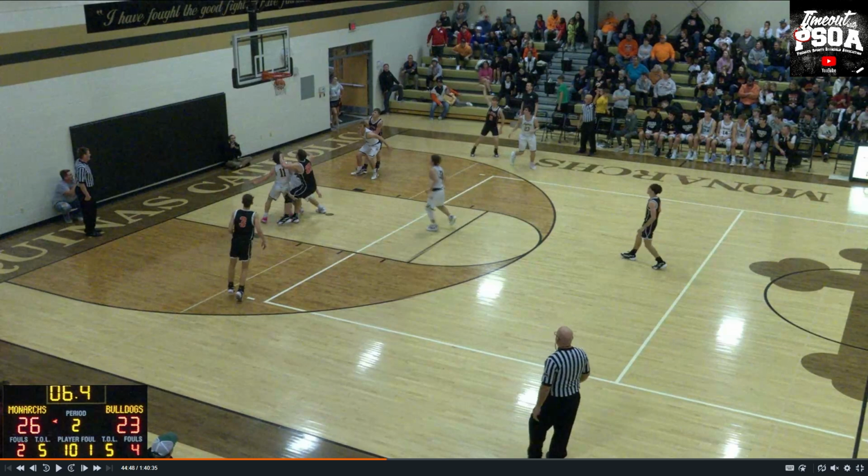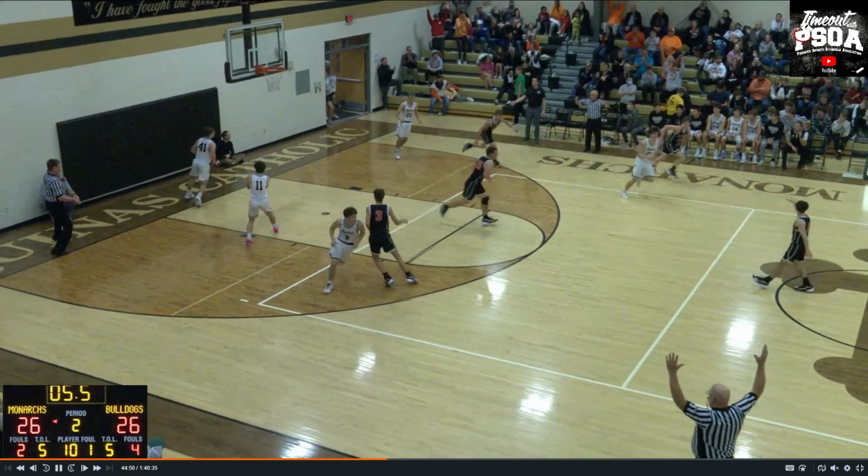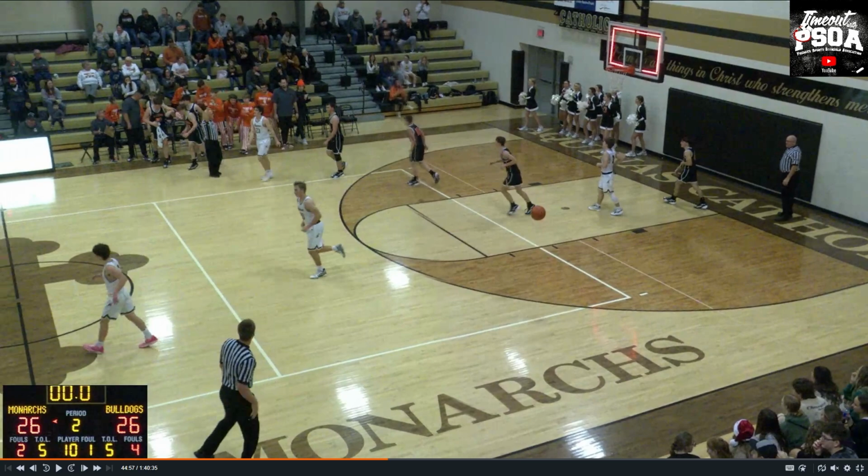If I hear timeout, timeout, timeout, I am putting the amount of game clock that I know was on the scoreboard at the time that ball went through the basket. 6.9 seconds left. Not when I blew the whistle, not when my partner blew the whistle. As long as that coach and player is saying timeout right away, this is the time I'm putting on the clock.